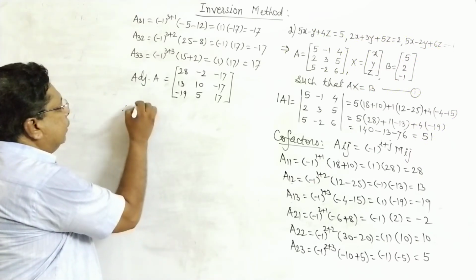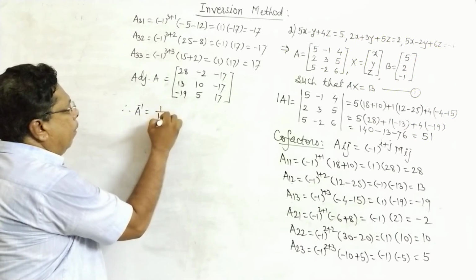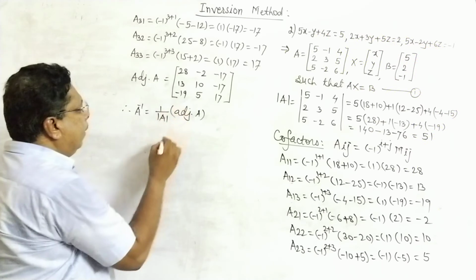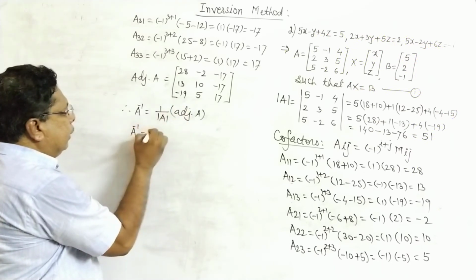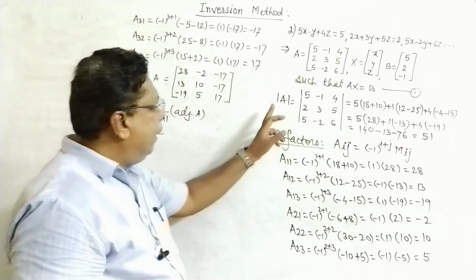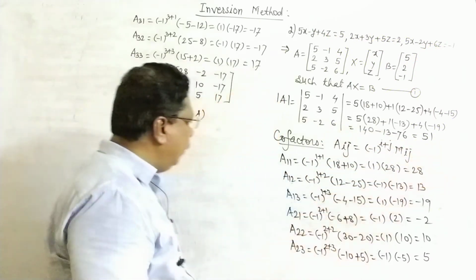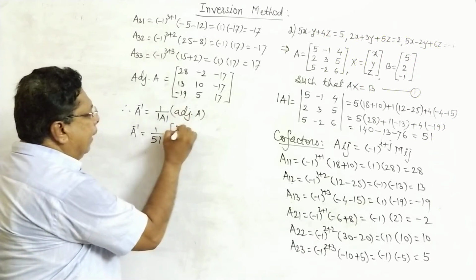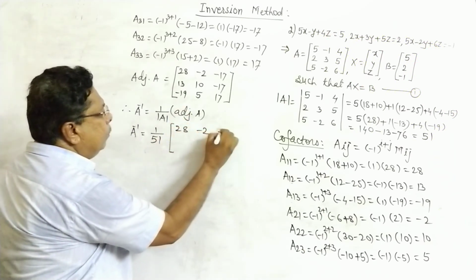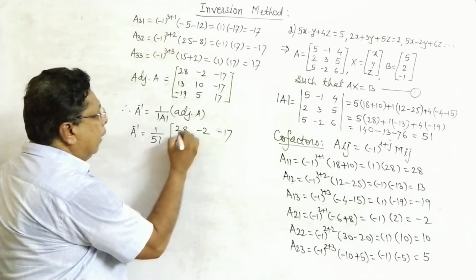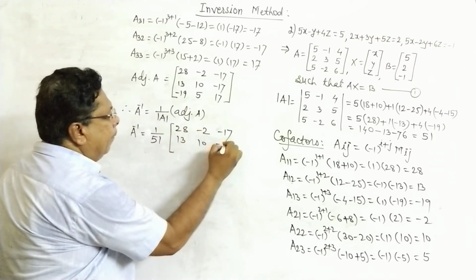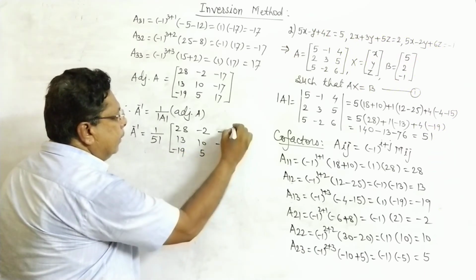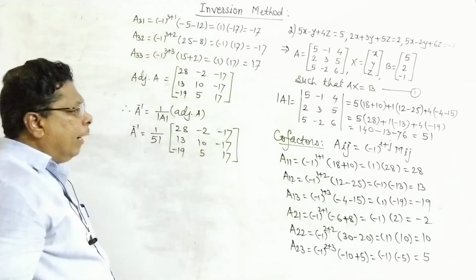A inverse is equal to 1 upon determinant A into adjoint A. The value of determinant A is 51, so it is 1 upon 51 into adjoint A: 28, minus 2, minus 17; 13, 10, minus 17; minus 19, 5, 17.